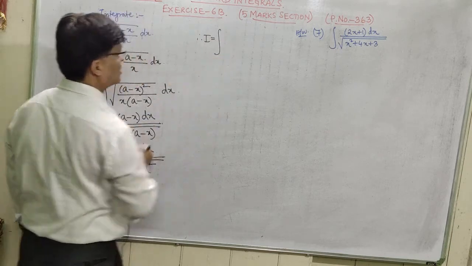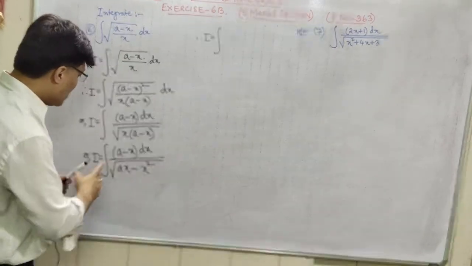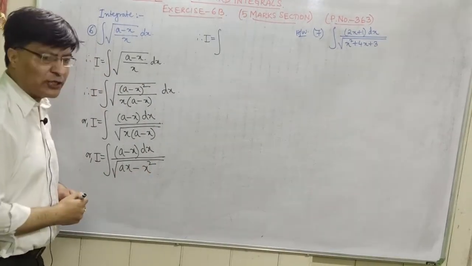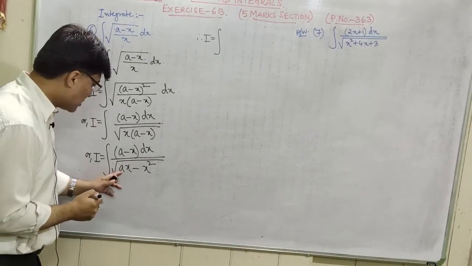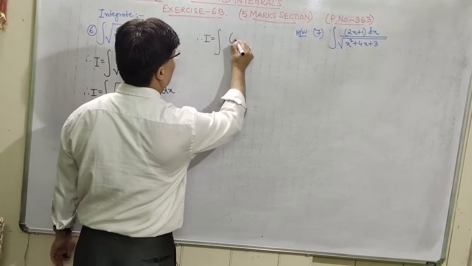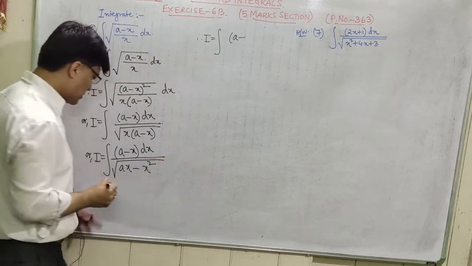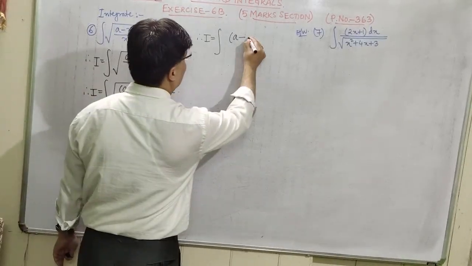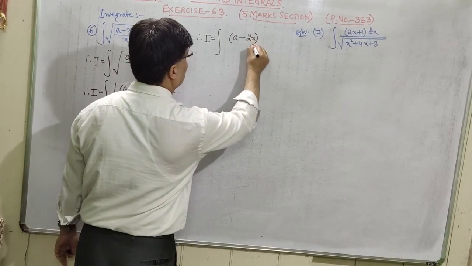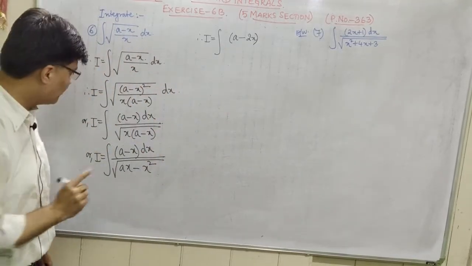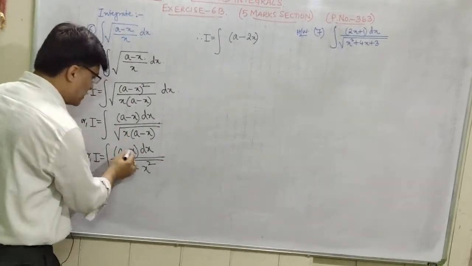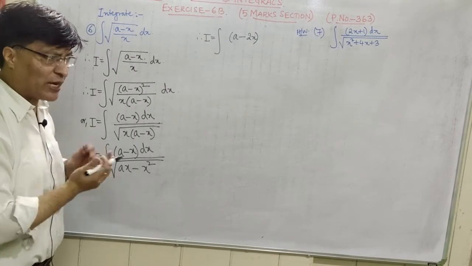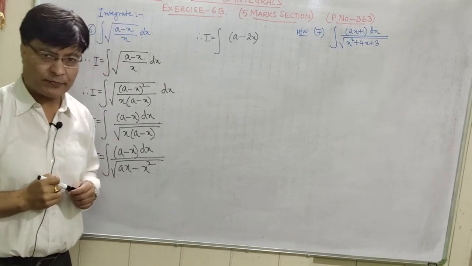So let us write it here now. So therefore I is equal to integration of, so what is the differentiation of the term within square root? What is the differentiation of ax? It is a. Minus, what is the differentiation of x square? It is 2x. Is that clear to all of you? But we have got only minus x here, so let us check for variable first.